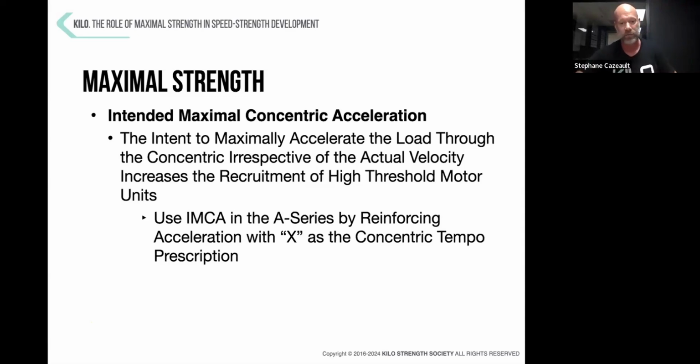Okay, a good example of this: if you look at research, they do a lot of research with the isometric mid-thigh pull. They're able to generate explosive strength with an isometric exercise, which has no movement. So we can't say that movement is a true determinant of speed strength if we can improve speed strength with an isometric contraction that has actually no movement.